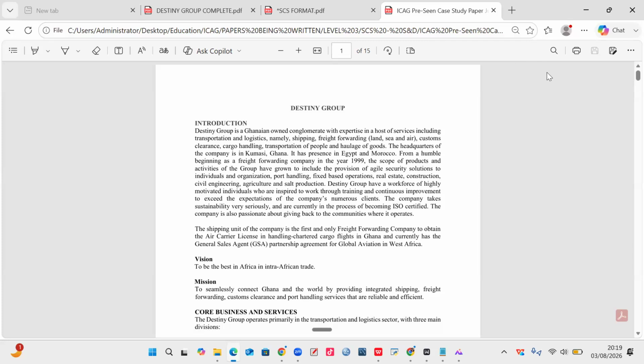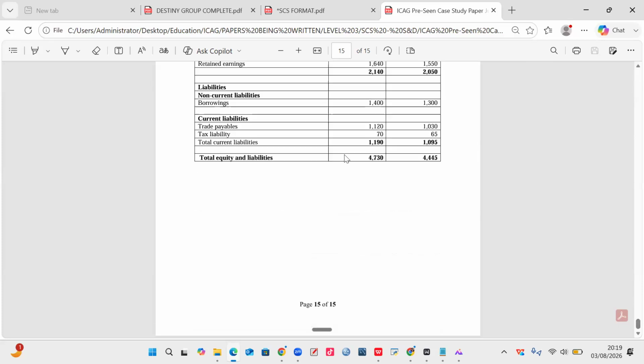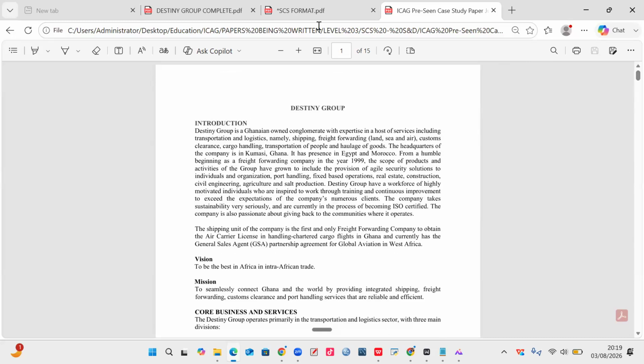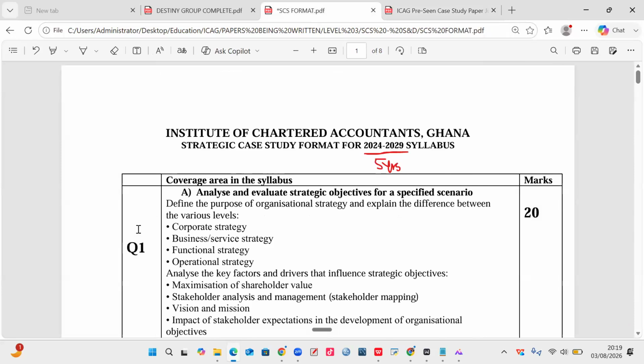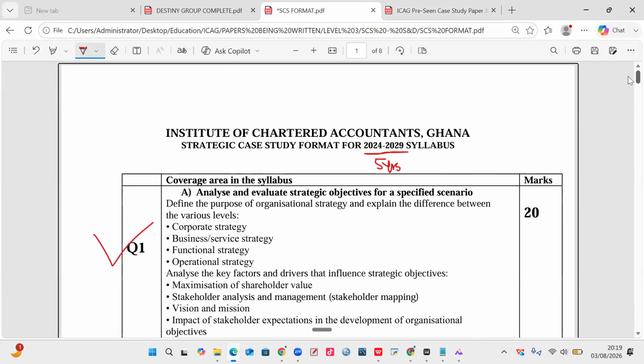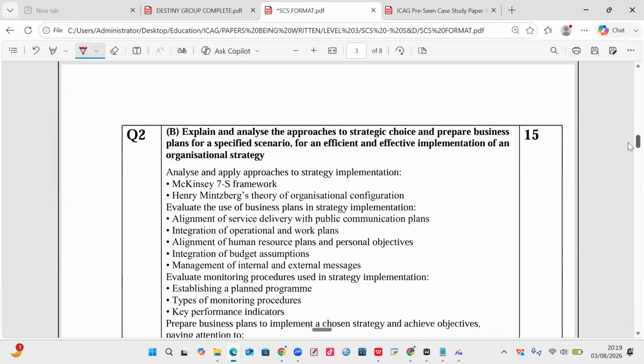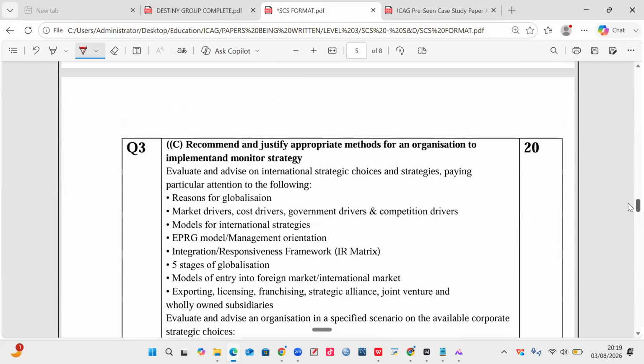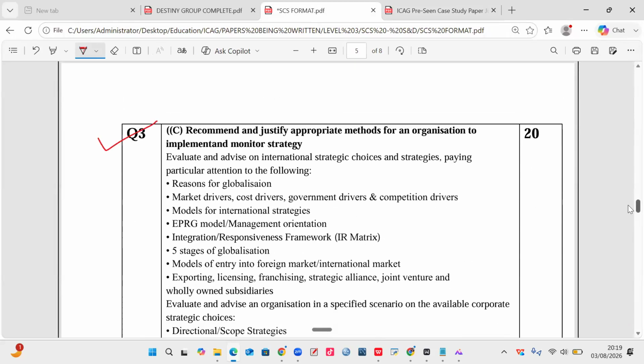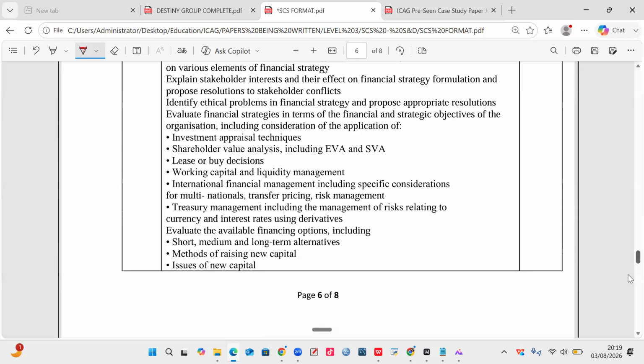From page 1 to the last page, 5 questions will be set under them: question 1 here, question 2 here, question 3 here, question 4 here, then question 5.